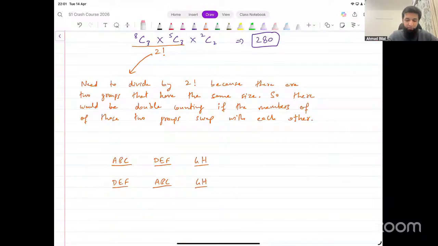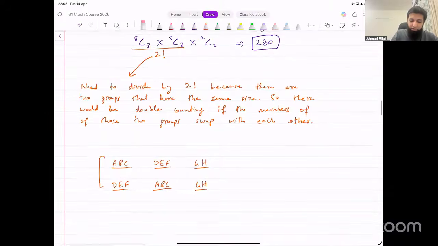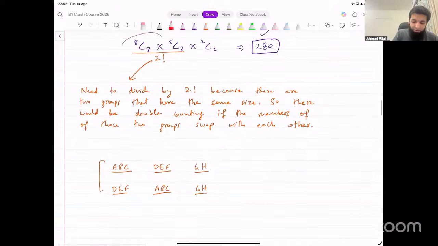It's the same way to divide those 8 people in these 3 groups. We have one group of ABC, one group of DEF and one group of GH. There's no difference between them. So these cases are going to be double counted here.